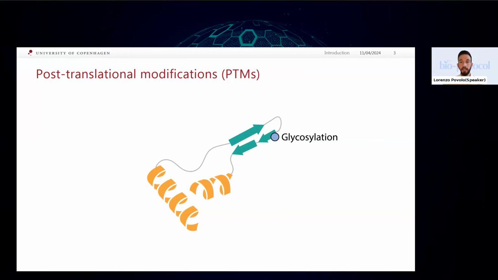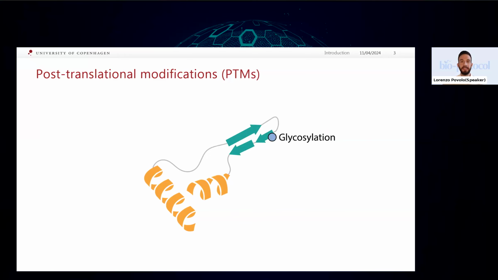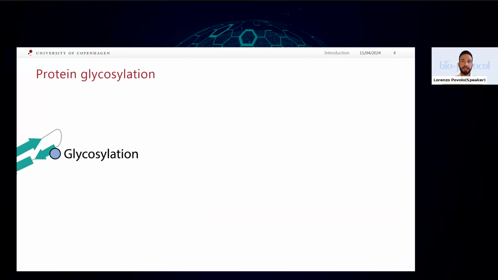Protein glycosylation, I should say in a very biased way, is a very fascinating type of PTM. One of the key aspects that I find really interesting is that protein glycosylation is present in all domains of life. And as a type of modification, it's a really, really diverse type of PTM.